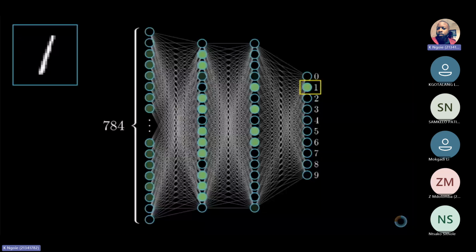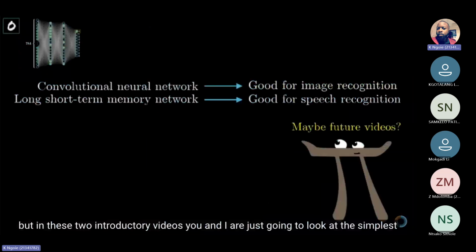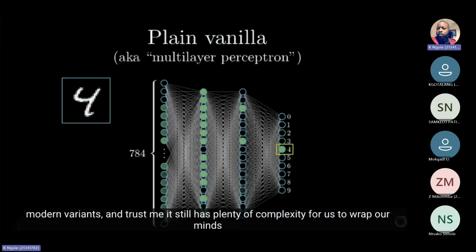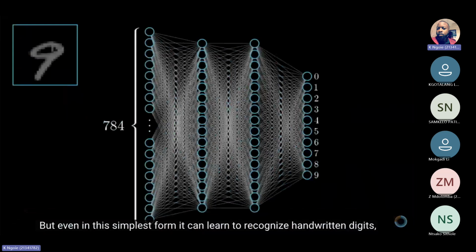But in these 2 introductory videos, you and I are just going to look at the simplest plain vanilla form with no added frills. This is kind of a necessary prerequisite for understanding any of the more powerful modern variants, and trust me, it still has plenty of complexity for us to wrap our minds around. But even in this simplest form, it can learn to recognize handwritten digits, which is a pretty cool thing for a computer to be able to do.